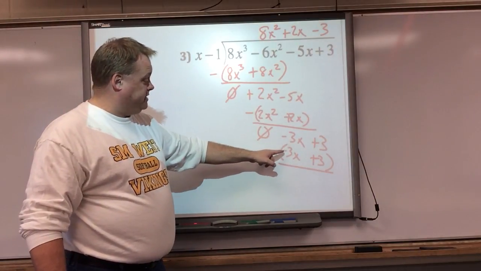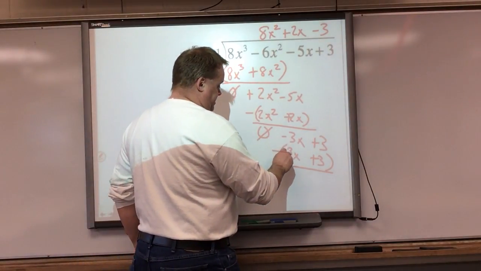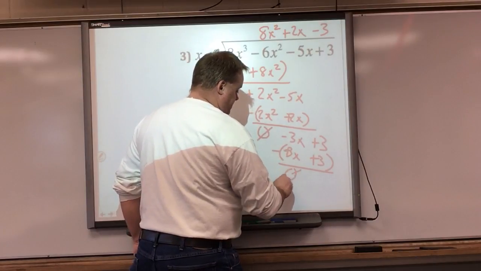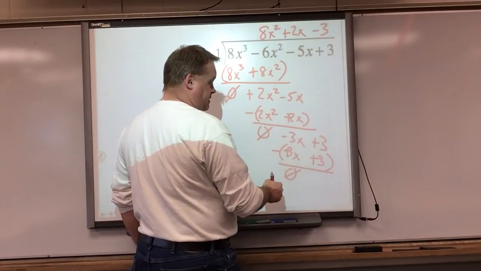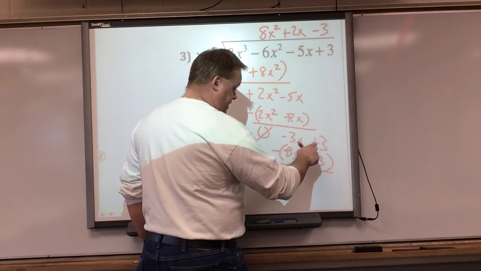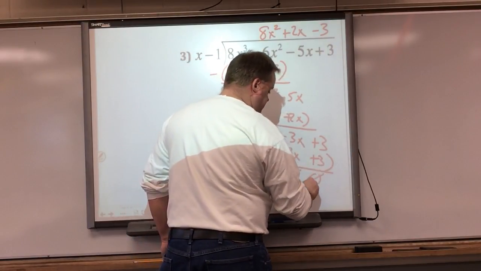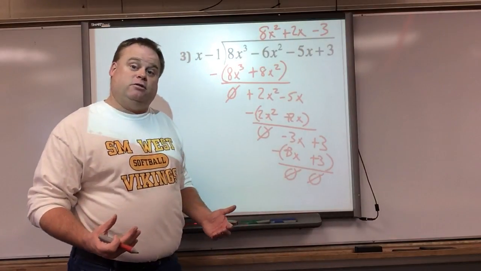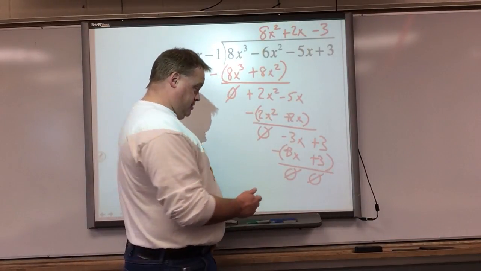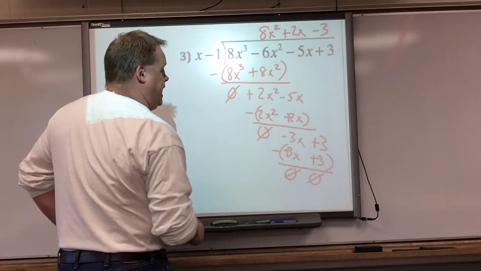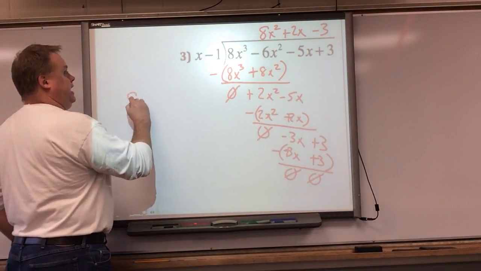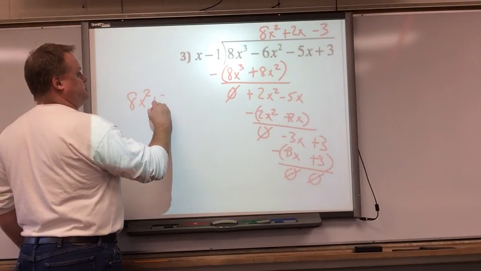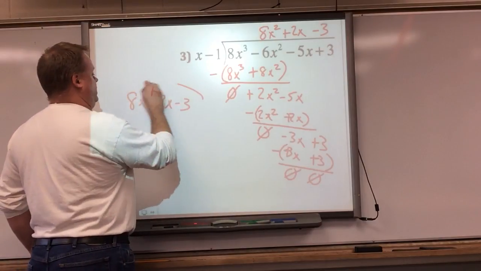Negative 3x minus a negative 3x, this becomes positive, so this becomes 0. 3 minus 3 becomes 0. First time I don't have a remainder, right? So my answer, since I do not have a remainder, is 8x squared plus 2x minus 3.